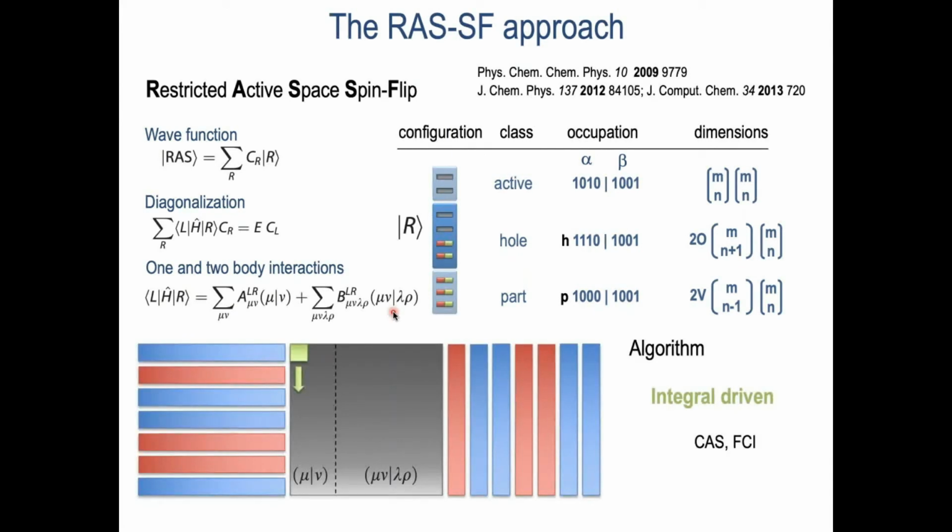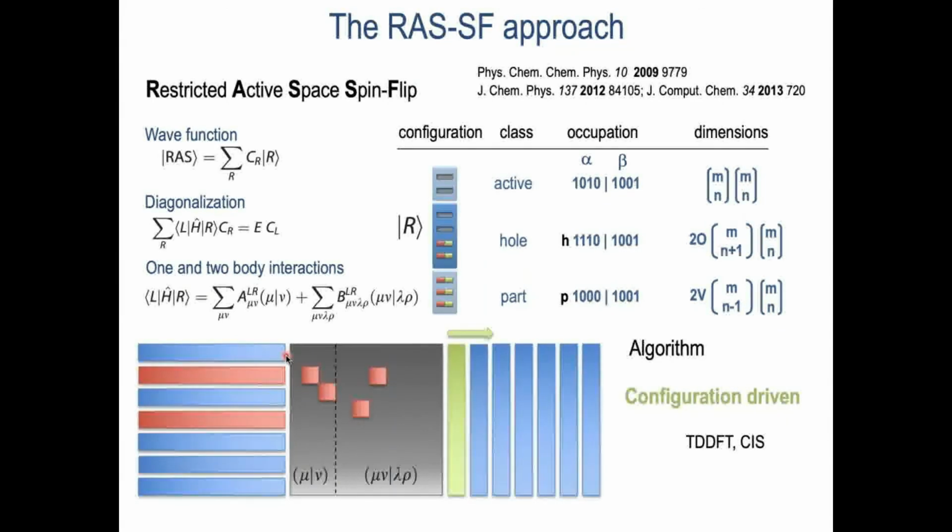In Q-Chem, RAS spin flip and RASCI in general is implemented basically following an integral-driven algorithm, which is common for CAS methods or for full CI. And what I mean by that is that the program runs over all different 1 and 2 electron integrals, and for each integral, it identifies what configurations interact through this integral.